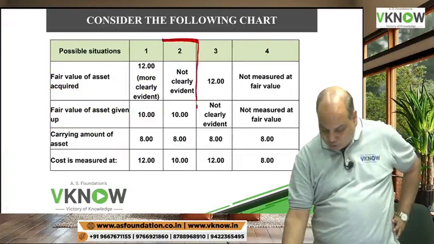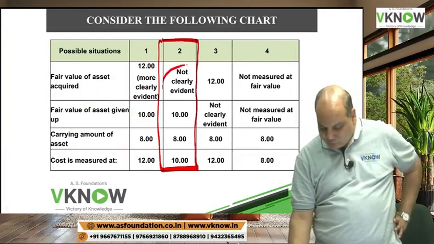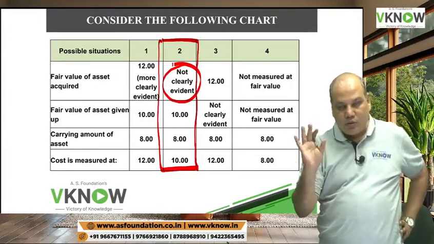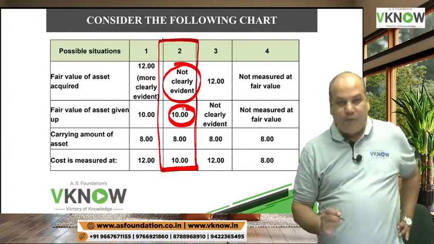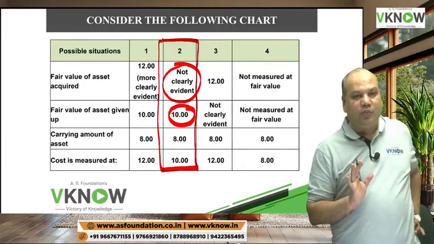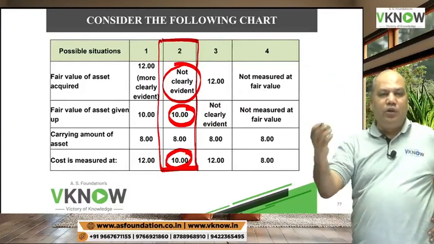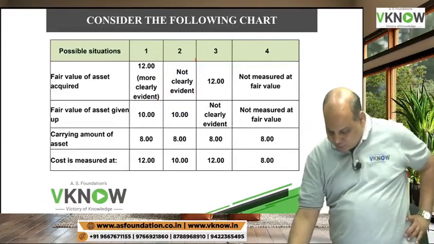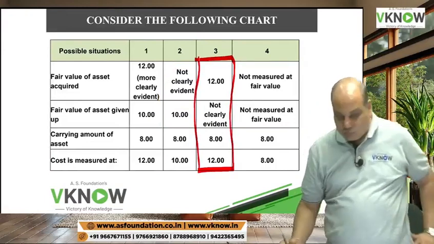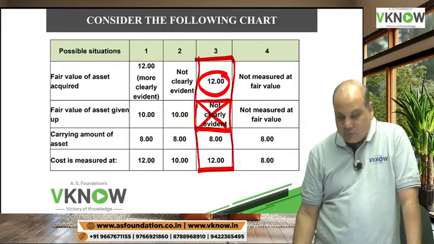Case 2. All of you concentrate on case 2. Fair value of the asset acquired is not available, but at least the fair value of the asset given up is available, 10 lakh. So the new asset acquired will be measured at 10 lakh. Case 3, concentrate on case 3. Fair value of the asset acquired is 12 and fair value of the asset given up is not available.